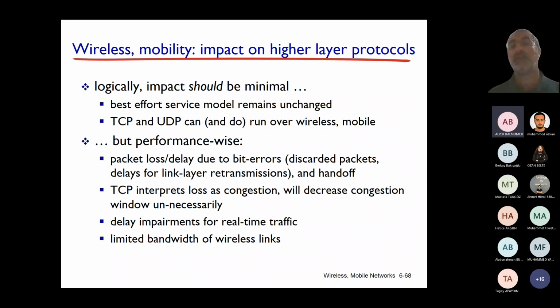But performance-wise, we may have more bit errors and packet loss because of the wireless links as well as the handoff. In this case, TCP interprets loss as congestion, and it will decrease the congestion window unnecessarily. For real-time traffic, we have some delay impairments, and most importantly, wireless links have limited bandwidth compared to wired links.